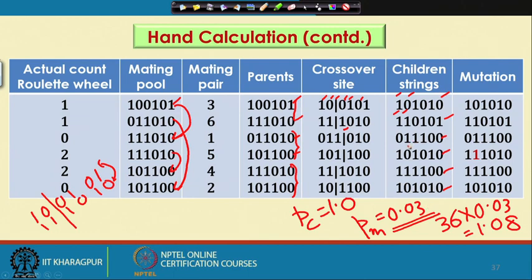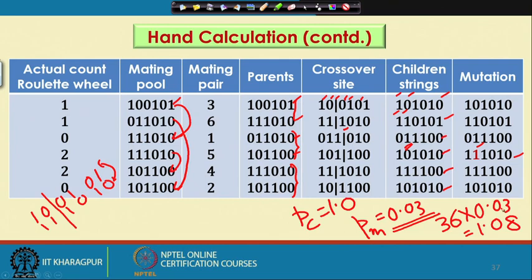Supposing the mutation comes here, this particular 0 is converted to 1. So, I will get this type of solution, and the other strings remain the same.